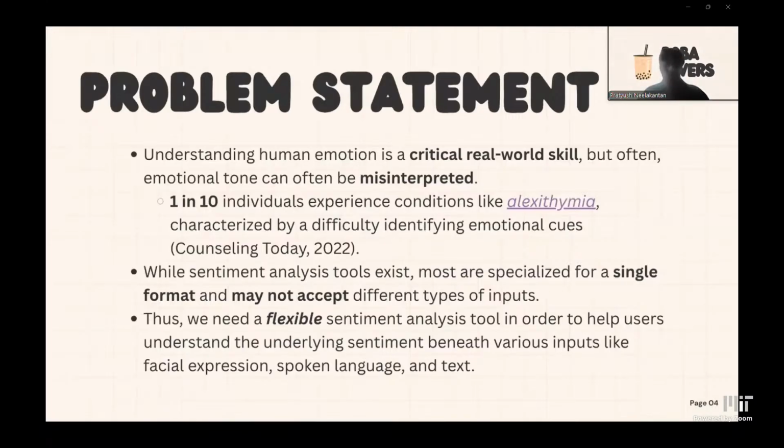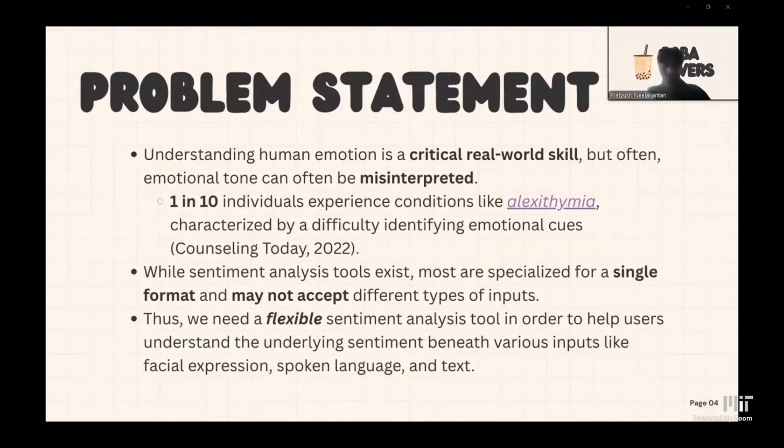Now on to the problem statement. In the modern day and age, understanding human emotion is a critical real-world skill. As you may know, however, emotional tone is often ambiguous and hard to interpret. In fact, 1 in 10 individuals experience conditions like alexithymia, characterized by a difficulty identifying emotional cues.